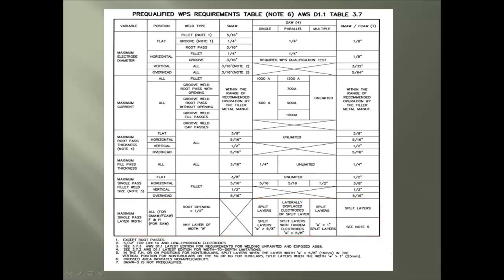Notice the note number. This note is found at the bottom and will always have important information. Before we move on, the X's mean that that section does not pertain to the line items.